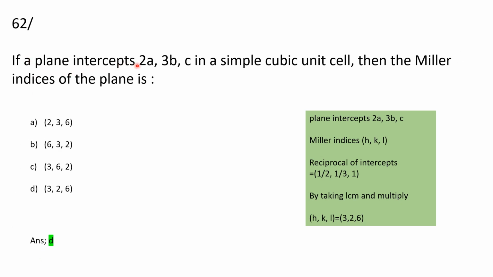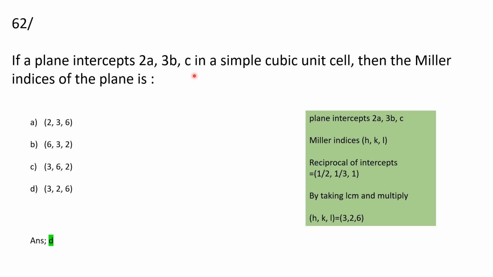Then, if a plane intercepts 2a, 3b, c in a simple cubic unit cell, then the Miller indices of the plane are? And the options you can see here. So the plane intercepts the x-axis at 2a, the y-axis at 3b, and the z-axis at c.